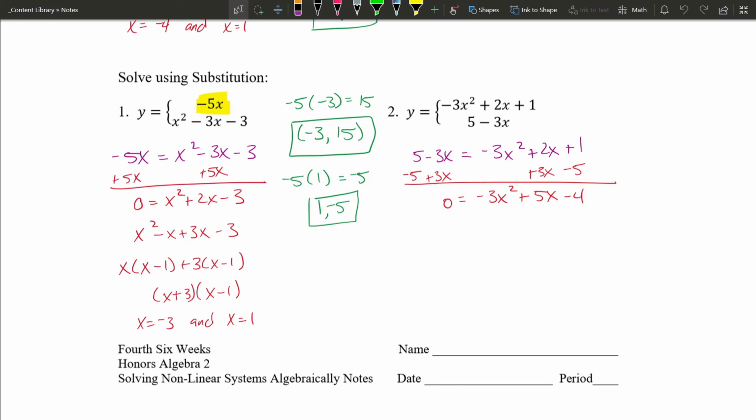So we get negative 5 plus or minus the square root of 25 — no, I wrote that down wrong. This should have been a negative 4.